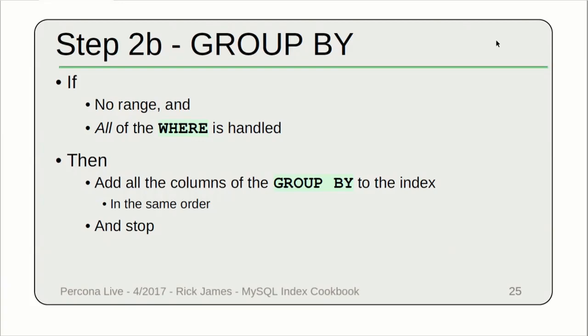If you've gotten past the where clause, now you have a chance of consuming the group by, or we'll see in a minute, the order by. So we got the where. Now you can throw in all the columns of the group by in the same order on the end. Stop. You won't get another chance. You can't go under the order by, sort of.